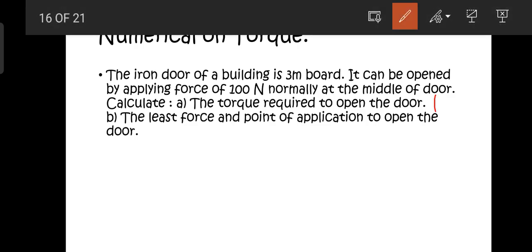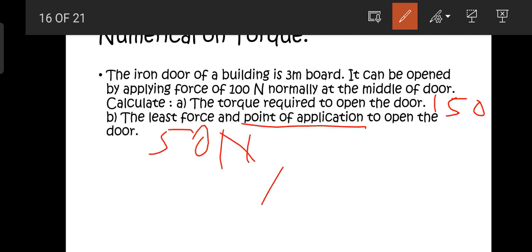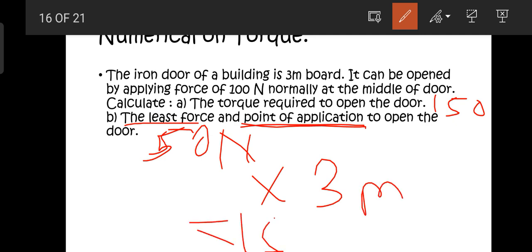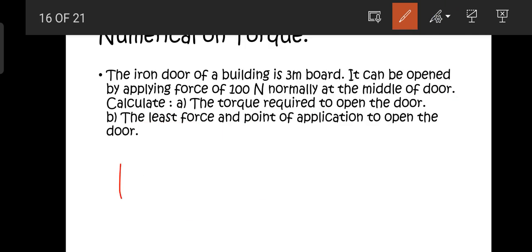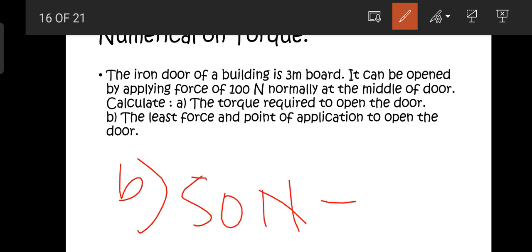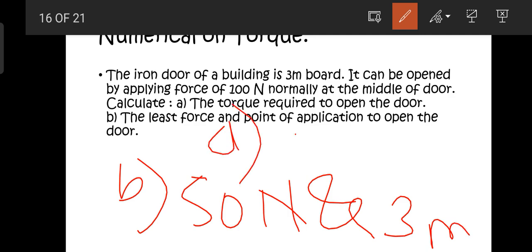So the first answer was 150, and the second answer was 50 N, the least force, and the point of application 3 meter. So torque will be 150. The answer of B is 50 N and 3 meter, and the answer of A is 150.